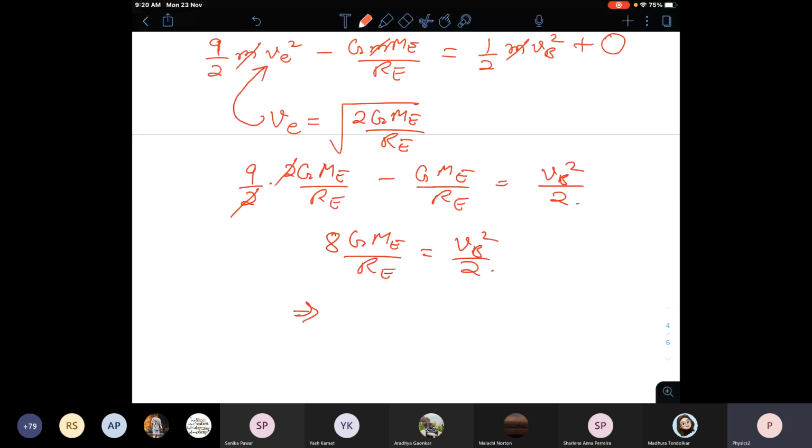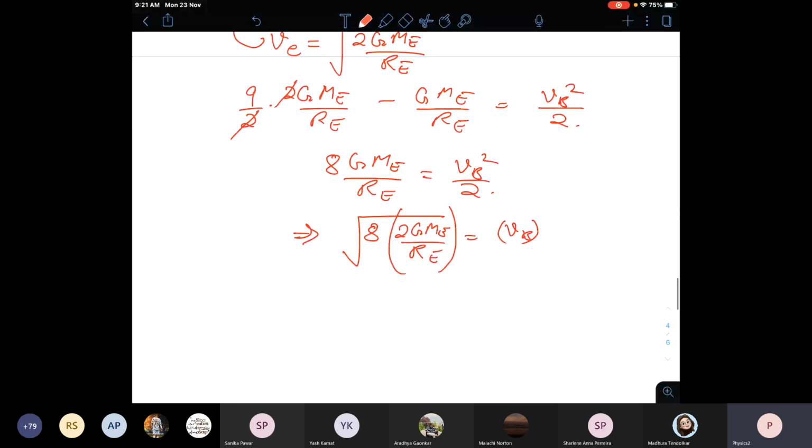Rearrange this and take the square root on both sides. So you will have root of 8 times 2G me by RE is equal to vb. Why have I written it like this? Because the square root of 2G me by RE will again become your escape velocity. So what I can write is, it is root of 8 times v escape.